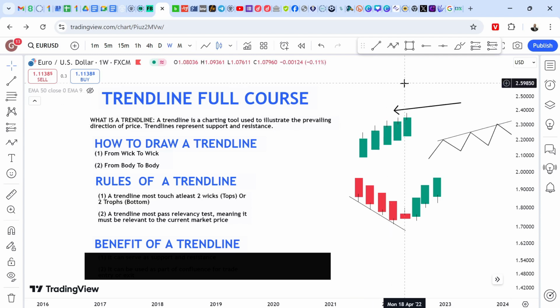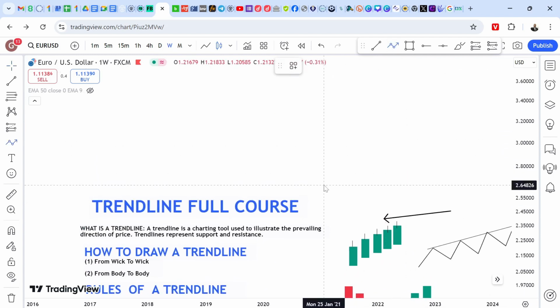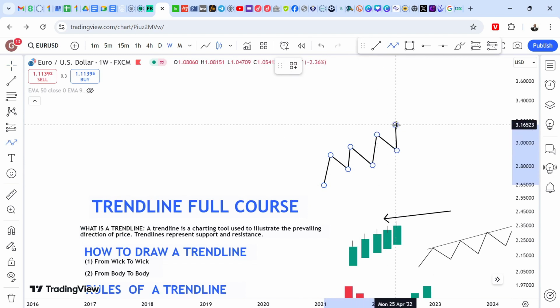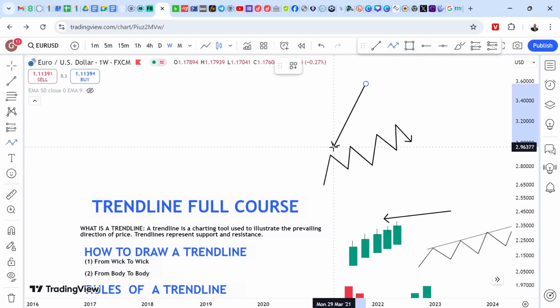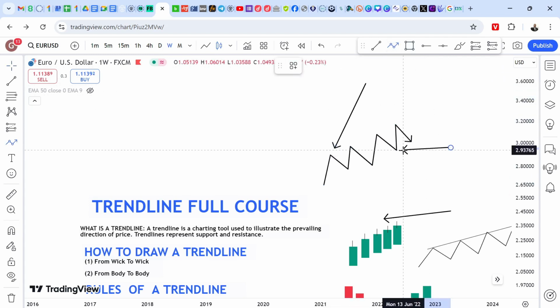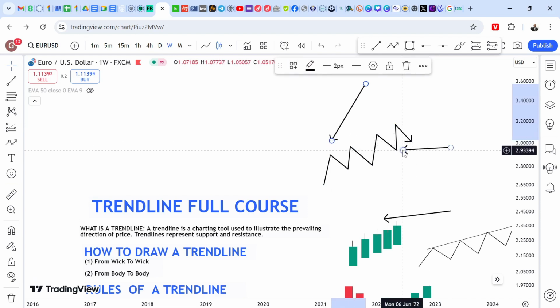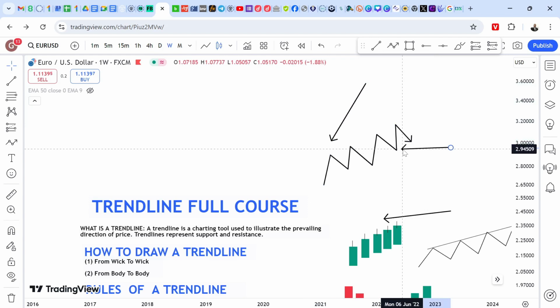What does that mean? In an uptrend, this here is regarded as the top and this here is the bottom. Another word for top is wick. This is the wick. Another word for bottom is trough.